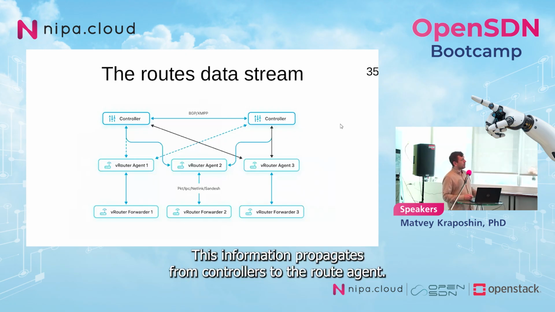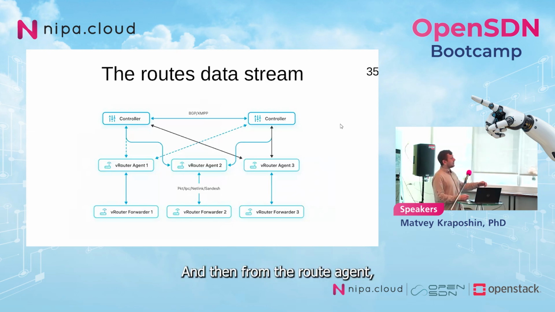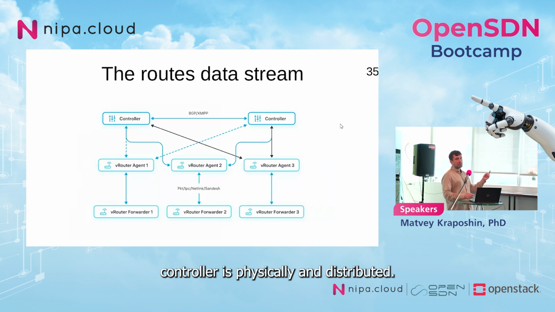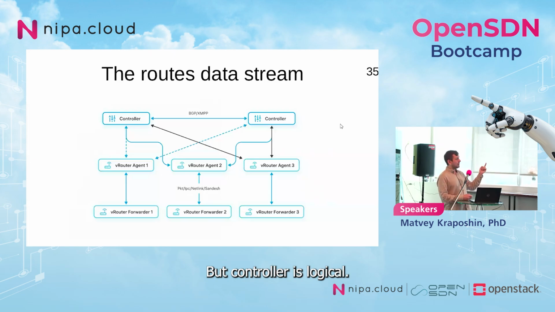This information propagates from controllers to the router agent, and then from the router agent it propagates to the router forwarders. We see that the controller is physically distributed, so we can have several controllers, but the controller is logically centralized.